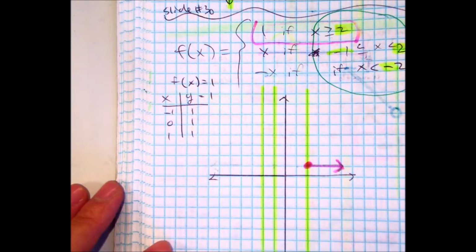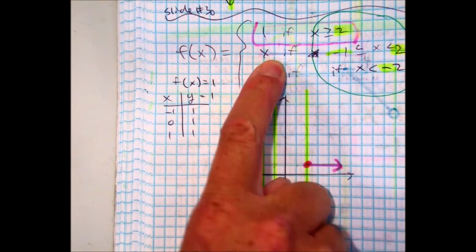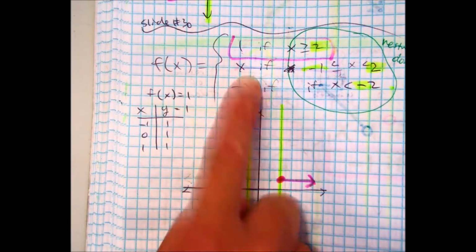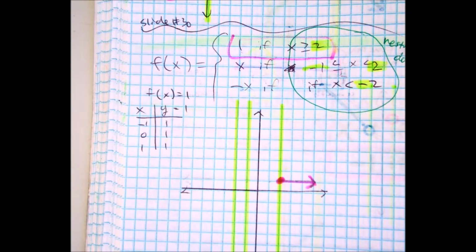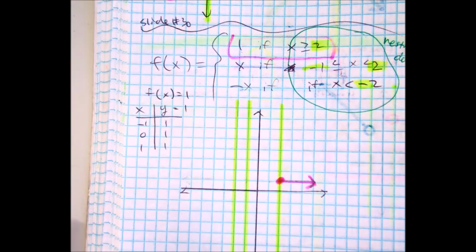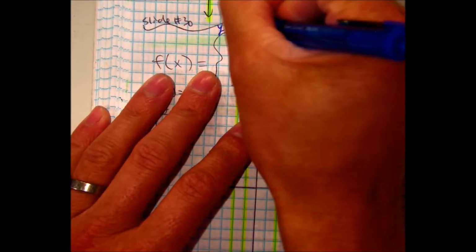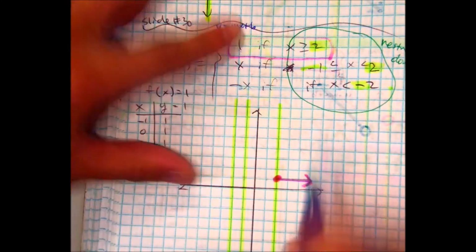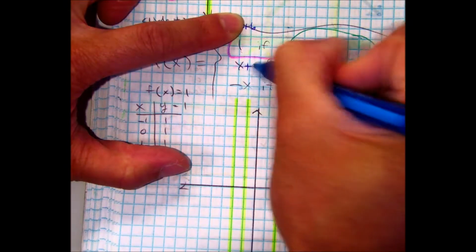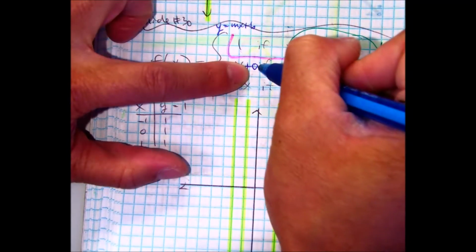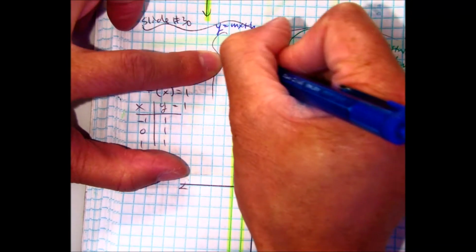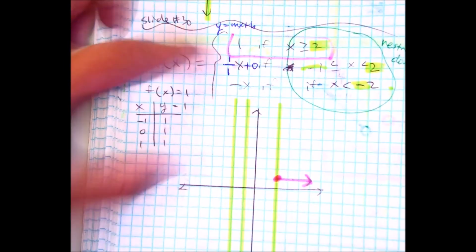Okay, second part, it says f of x equals x. Okay, now if you're stuck on that, I just want you to think about, well, what do you know about linear equations? You can put that in slope-intercept form, right? y equals mx plus b. So for you, you might have to add a 0 here for your y-intercept, and you might need to write a 1 over 1 for your slope.